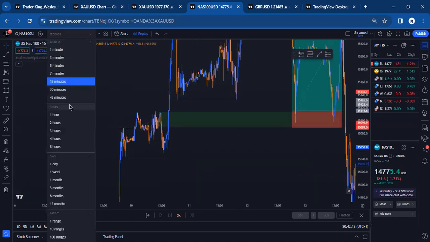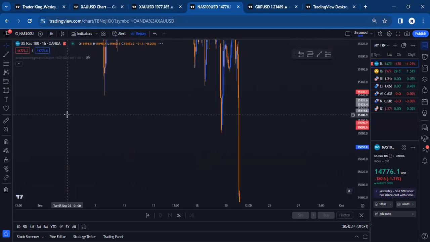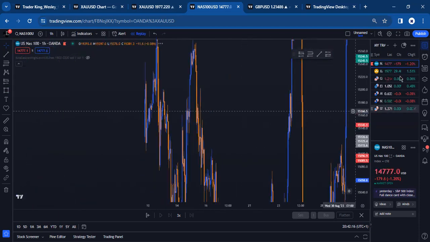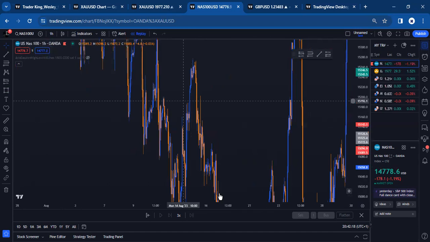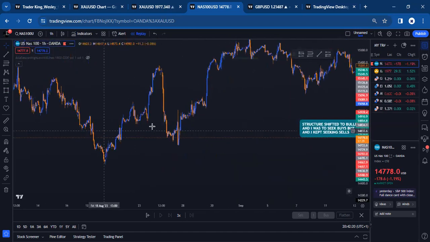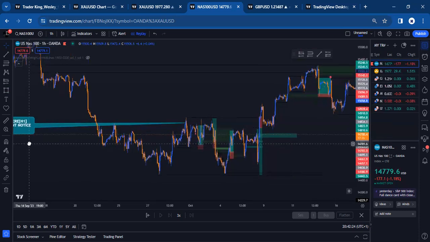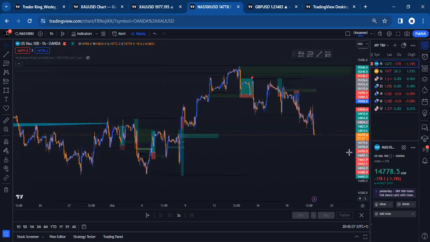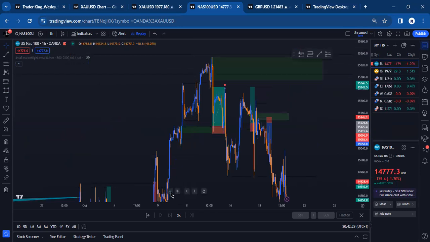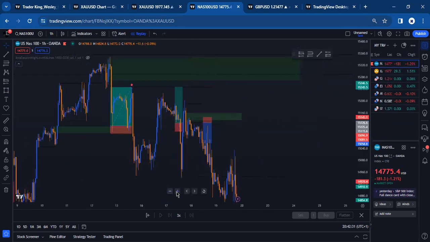Let me see if you have a clearer view on the 1 hour time frame. All right, we have a more clearer view on 1 hour time frame.